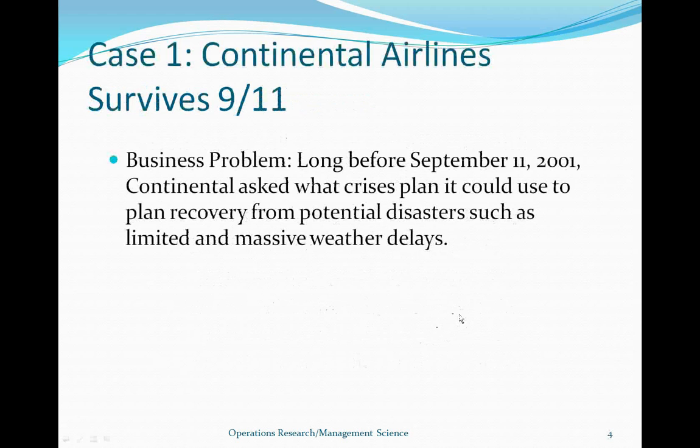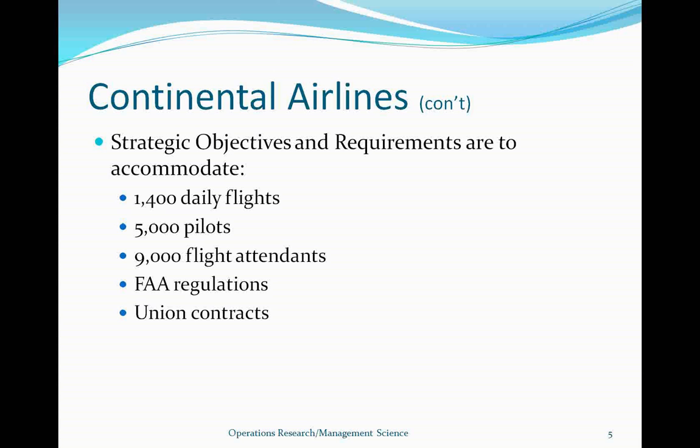So now here, as I said, Continental Airlines had a recovery plan in place for natural disasters, potential disasters, much before 9/11, and as a result of that, if you look at their operations, 1,400 daily flights, 5,000 pilots, 9,000 flight attendants, they had to meet FAA regulations, and any action that they take should be within the union contracts and could not go against that.